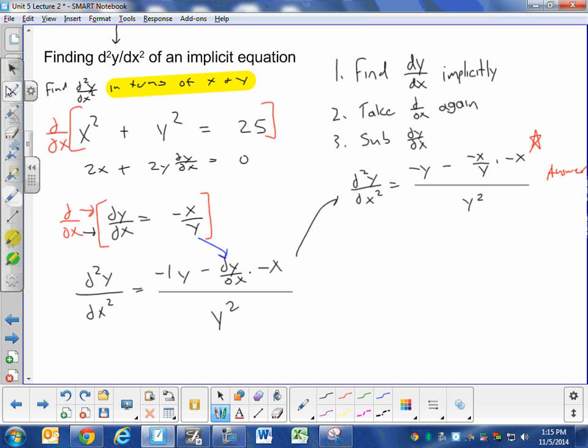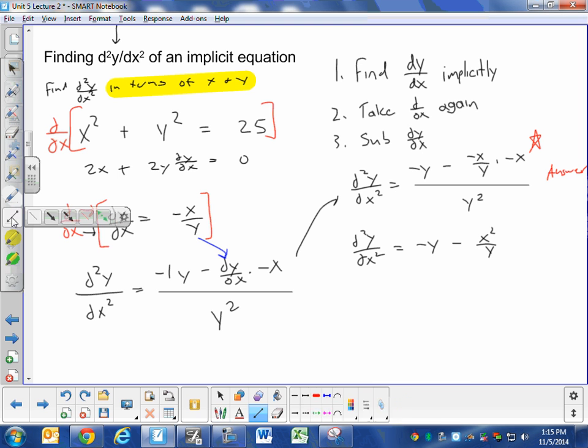However, let's go down the rabbit hole. I'm going to multiply my x's. We get y minus x squared over y squared.